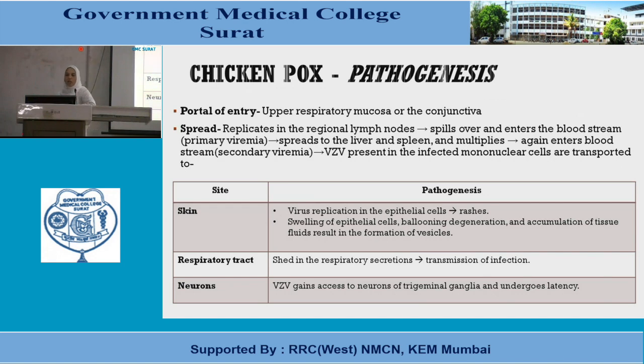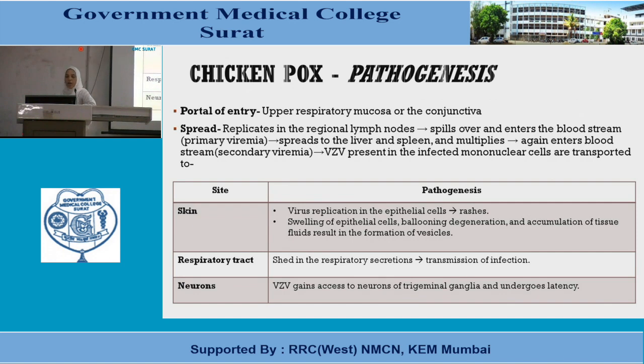And the varicella zoster virus is present in the infected mononuclear cells, and they are then transported to either skin, respiratory tract, or neurons. The virus replicates in the epithelial cells of the skin, causing rashes. It can even cause swelling of epithelial cells, ballooning degeneration, and accumulation of tissue fluids.